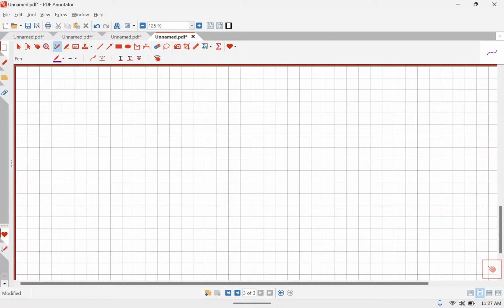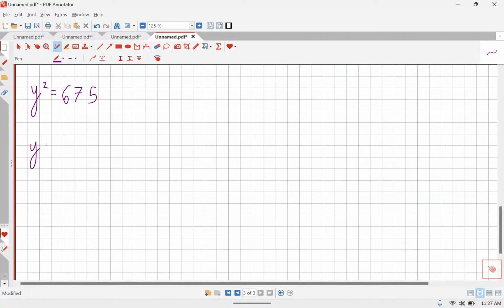So let's see here. Got a pencil? Let's do this. What if I told you that y squared is equal to 675? Can you get me an approximation for what y is?